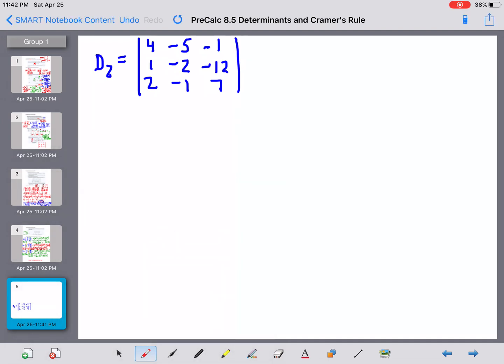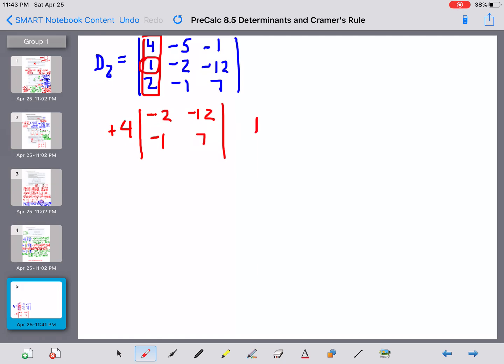Okay, so I'm going to do 4, and that's in a positive position, so I'm going to leave a +4 out front here. And if I crossed off its top row and its first column, my remaining elements are going to be -2, -12, -1, and 7. When I go to my 1, remember that one, it's in a negative position, so 1 is the coefficient, but it gets a minus out front.